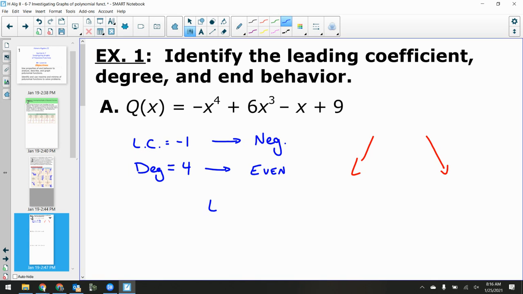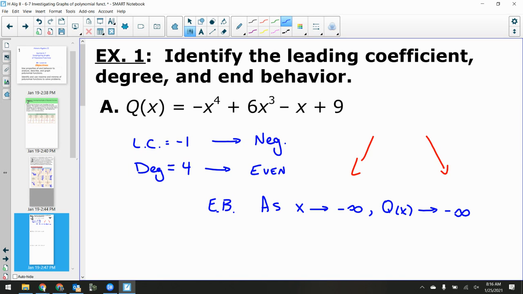So the end behavior is, I'll abbreviate it, EB. We say, on the left side, as x goes to negative infinity, the function Q of x, well, on the left side it went down, goes to negative infinity.